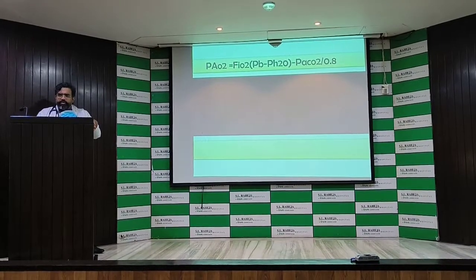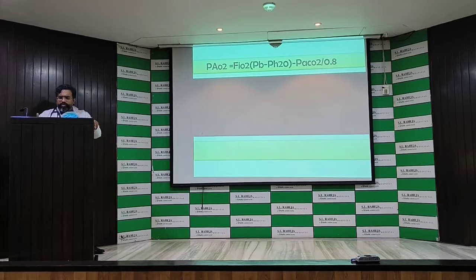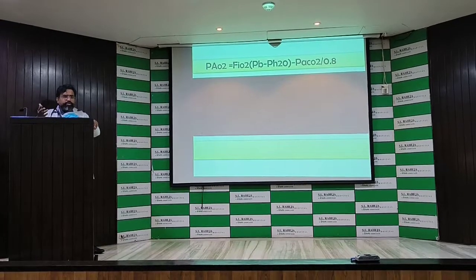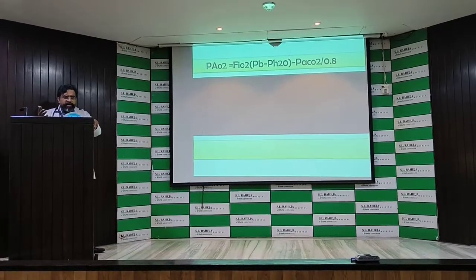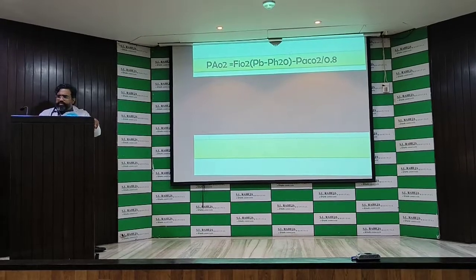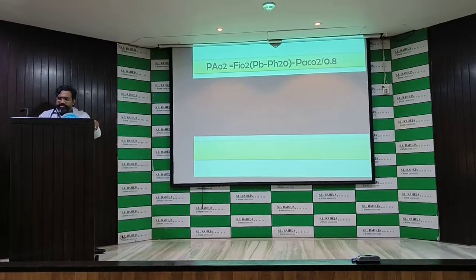That PaCO2 divided by 0.8 is for a regular diet. Regular diet means 0.8 is our respiratory quotient. That's why it is 0.8. Are you understanding this?